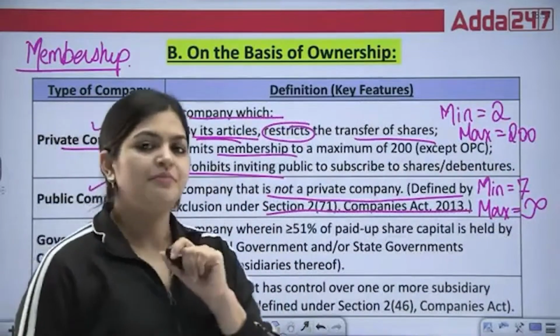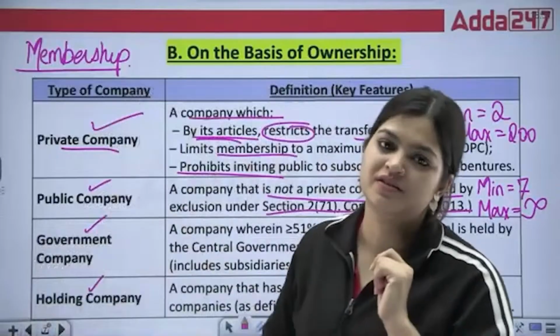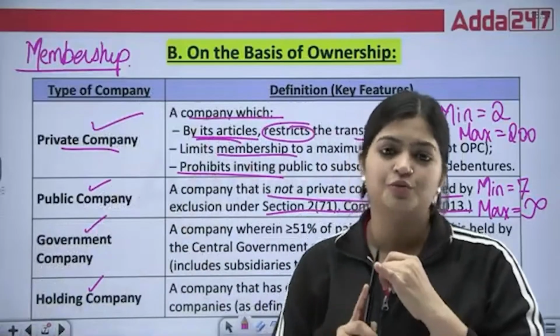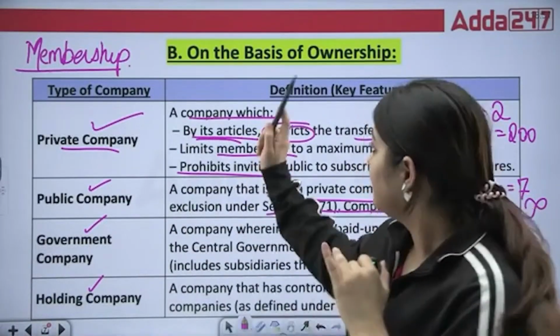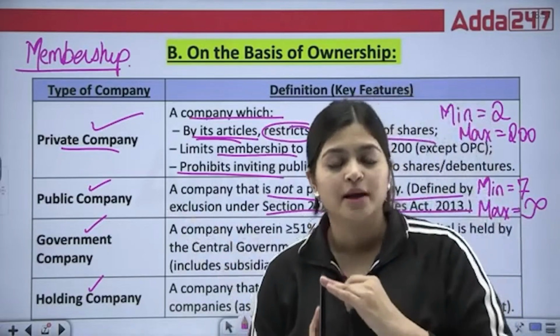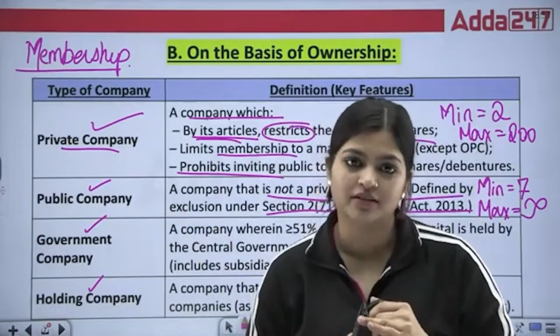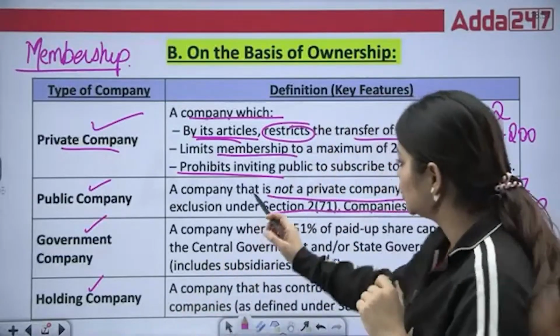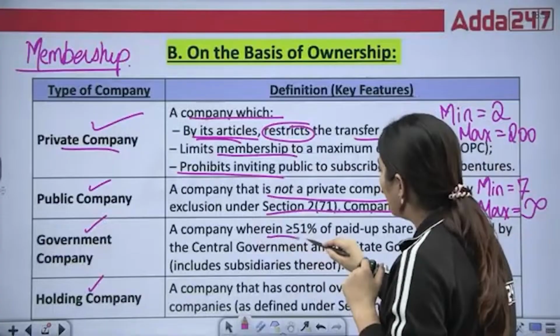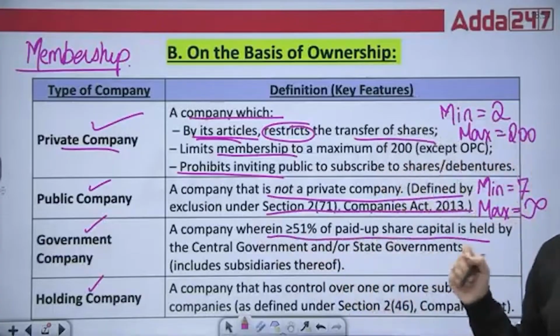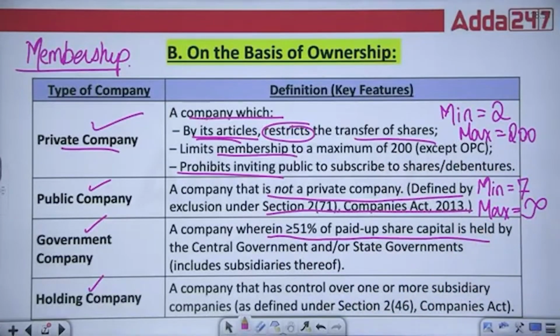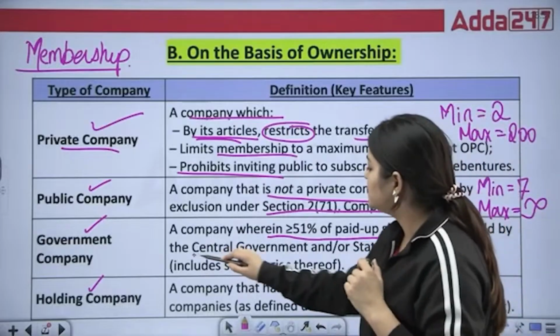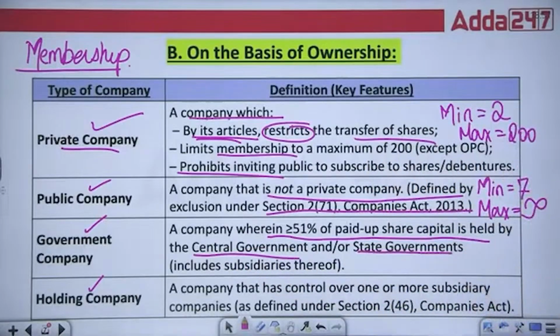You know, in your exam there are direct questions based on these points. In exam there are direct questions based on features, based on the types of these companies. So these are very important and they are asking direct questions. Yes, so government company wherein you are going to see more than or equal to 51% of paid up share capital that is held by central government and state government.